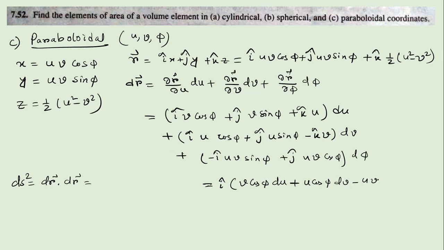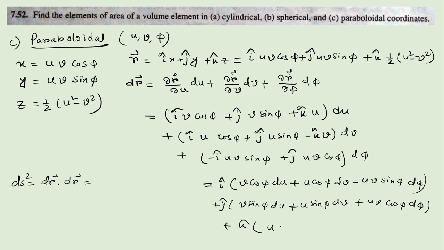Just do it yourself and compare with this result. Plus j cap v sin phi du plus u sin phi dv plus uv cos phi d phi, and this is k cap u du plus v dv.